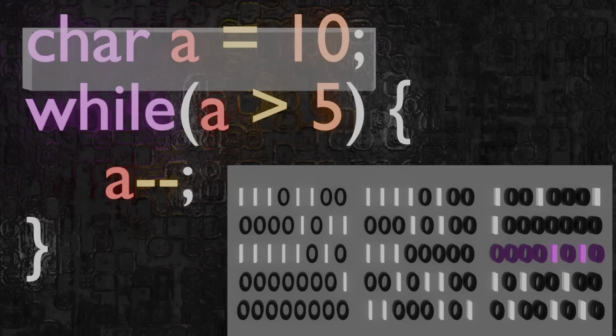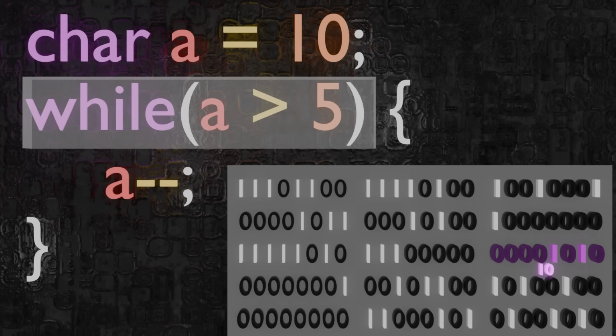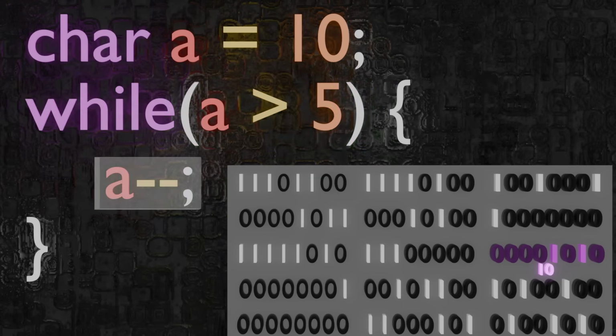Then we go into our loop and first we check, is a greater than a 5? Right here I'll put a little number to showcase what this binary number is equivalent to in base 10 to make this a bit easier, and yes, a is greater than 5, 10 is greater than 5, so we execute things inside of our loop.